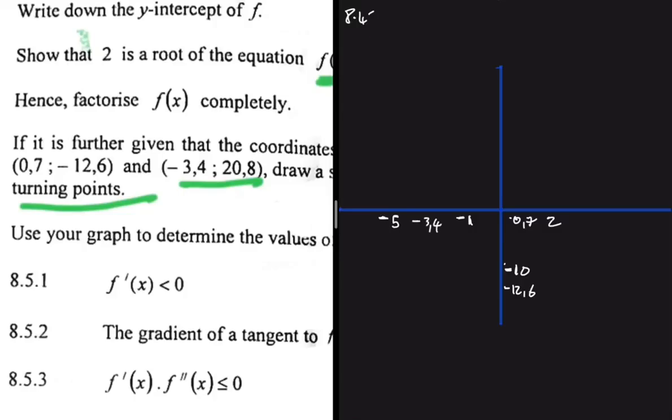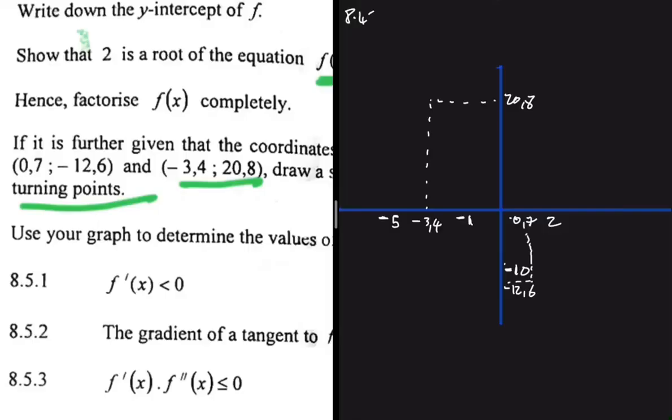And then this one has a y coordinate of 20.8. So let's have 20.8 here. So this is a coordinate, this is a coordinate, and then 0.7 and minus 12.6, we have another coordinate there.